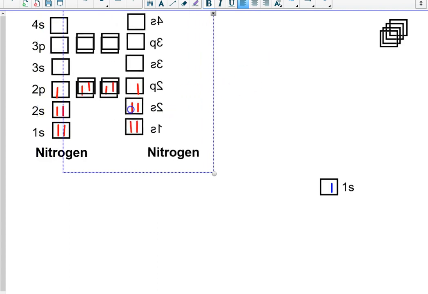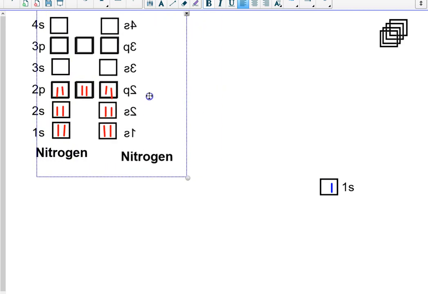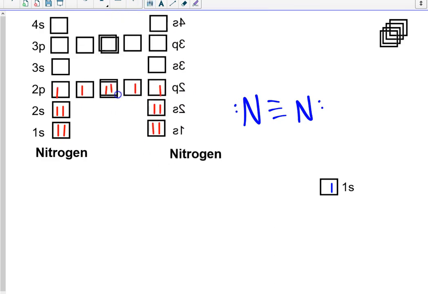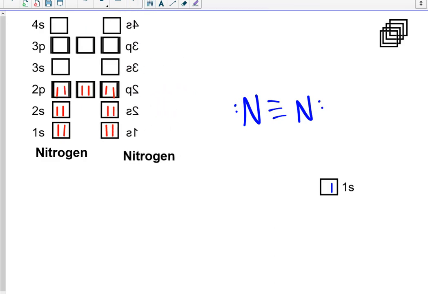If we were to draw the nitrogen molecule, do you remember it had a triple bond? It did, right? And you can see that triple bond represented when these 3 orbitals overlap. It just works.